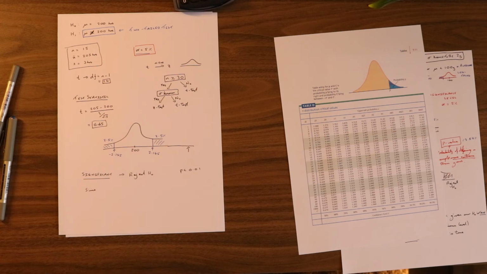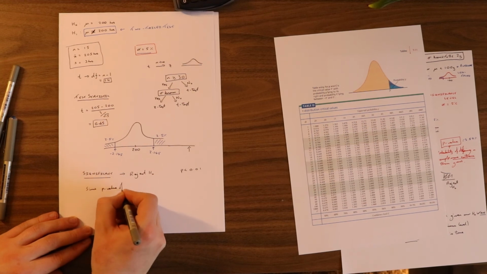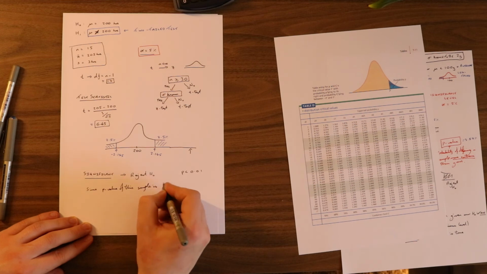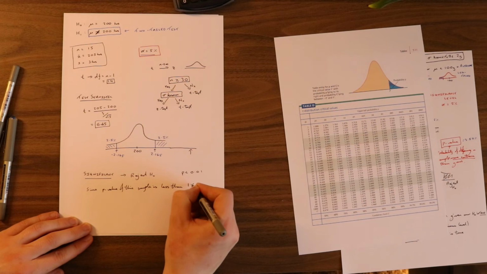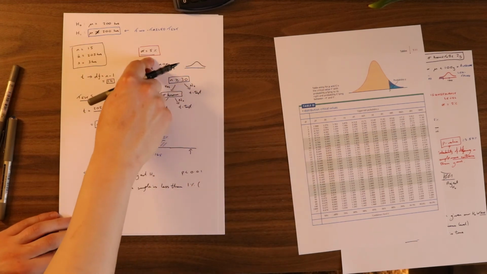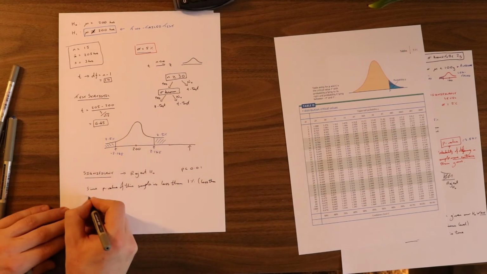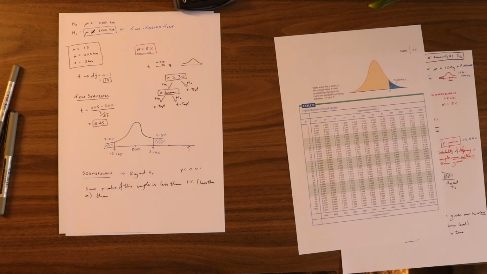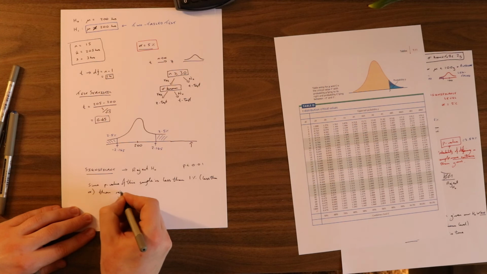So because this probability of obtaining the value is less than 1%, since the p-value of this sample is less than 1%, which is clearly less than the significance level, then I can say that my sample is significant. So I can reject the null hypothesis.